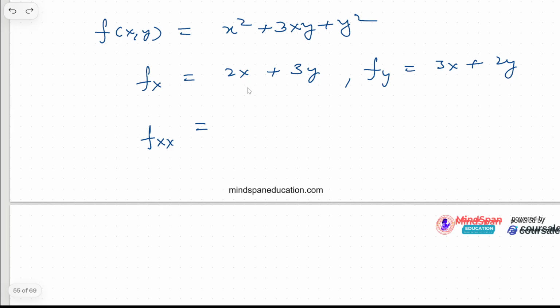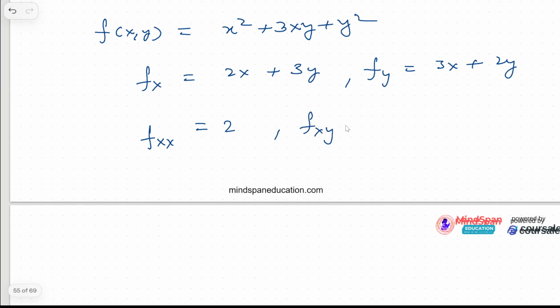Here also we will apply the same technique, that if we are calculating with respect to x, that means the other variable we have to keep as constant, right? That means only x will be considered as real variable and y and every other thing will be considered as constant. So this will become 0, right? So only we will get 2.